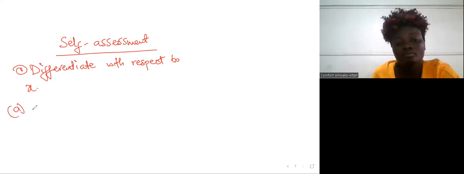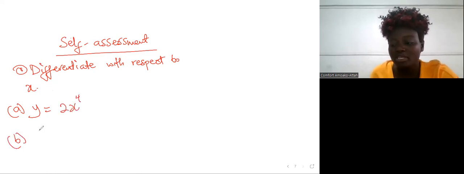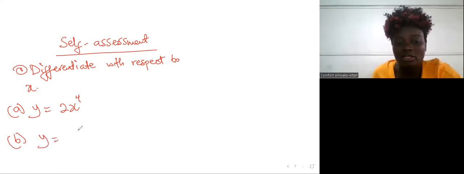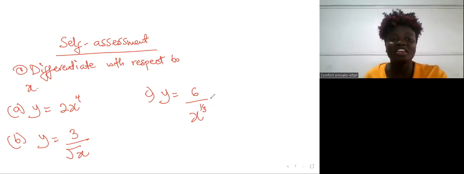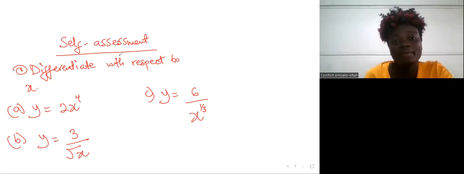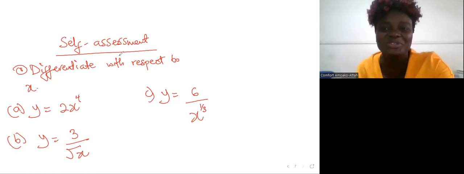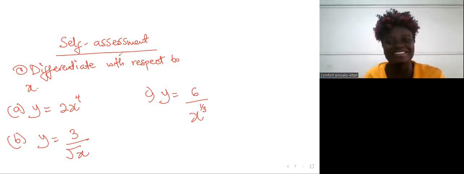A, y is equal to 2x exponent 4. B, y is equal to 3 over root x. And the last one, C, y is equal to 6 over x exponent 1/3. So these are the self-assessment questions. Please try your hands on them and present your answer in the comment section.